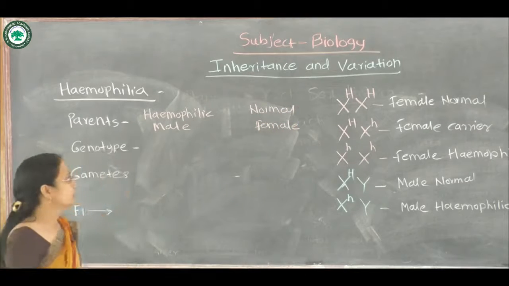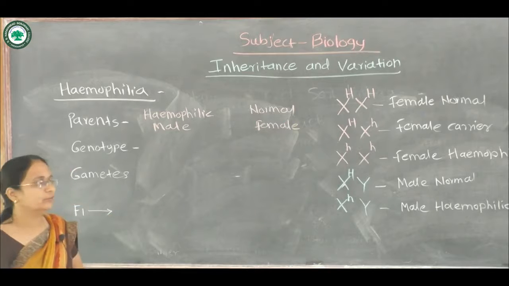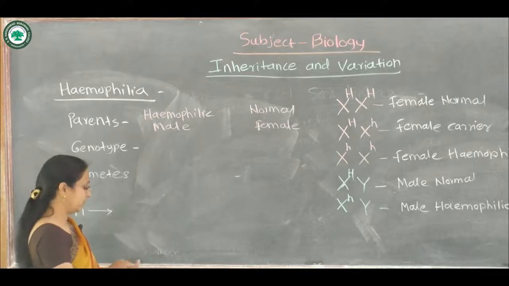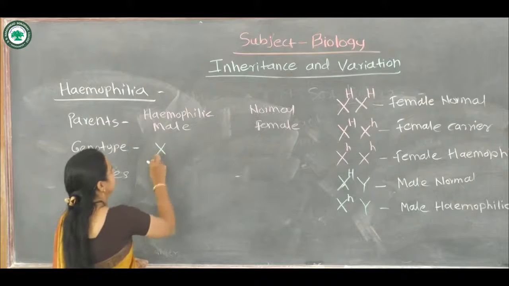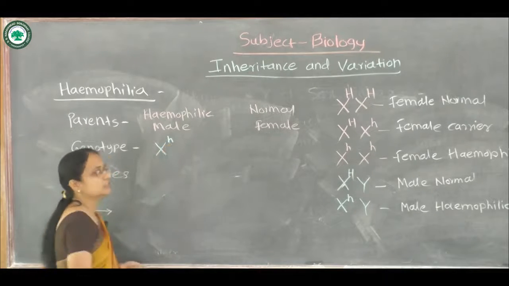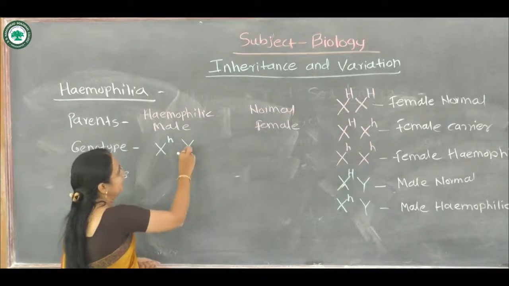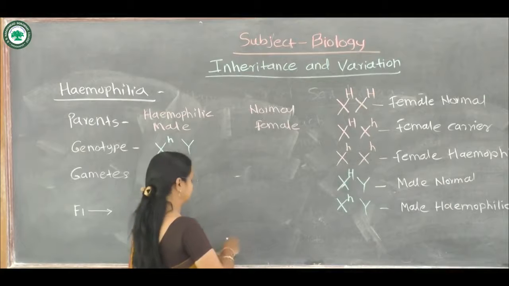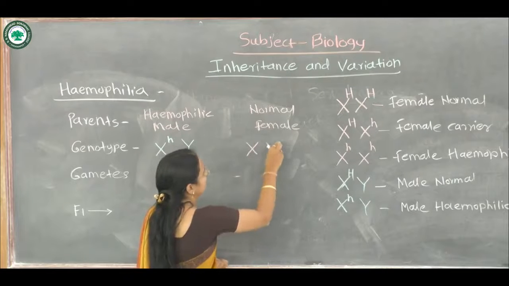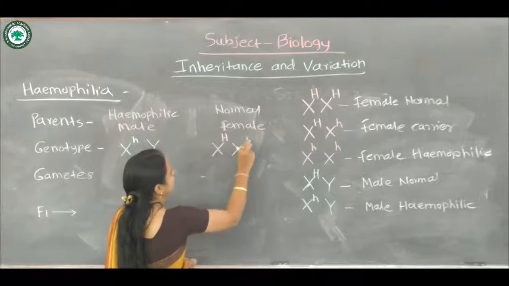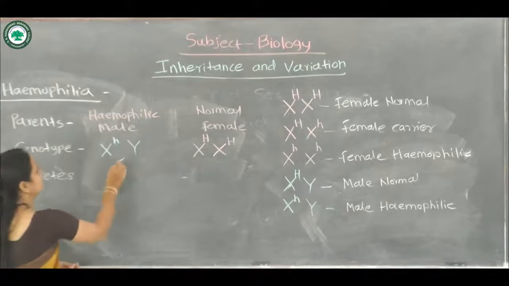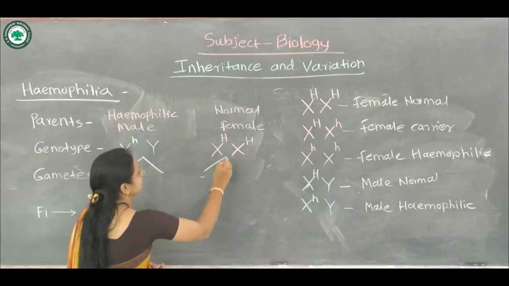At that time, we have to find out the F1 generation. Now, the genotype of the hemophilic male is X small h, because the recessive gene is there, and Y, and this female is normal and both genes are dominant. Now, find out the gametes of these.